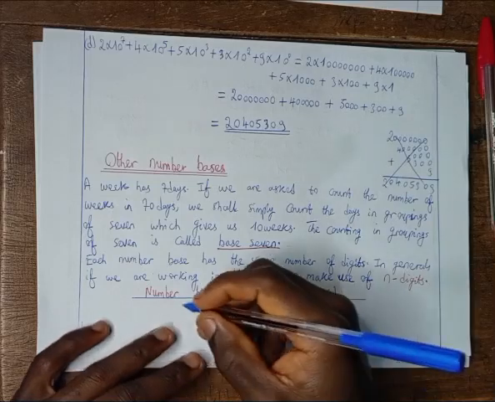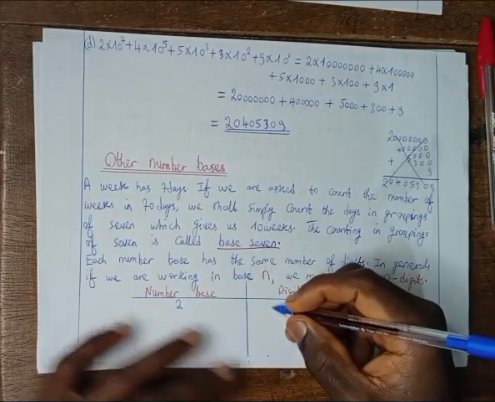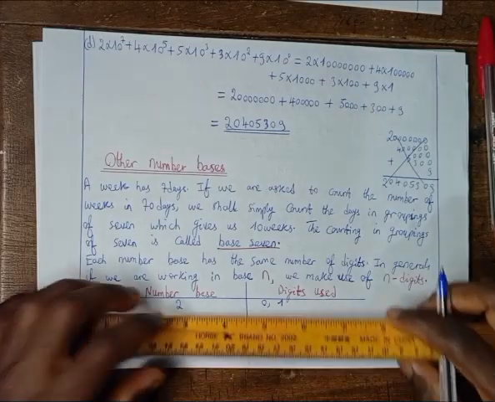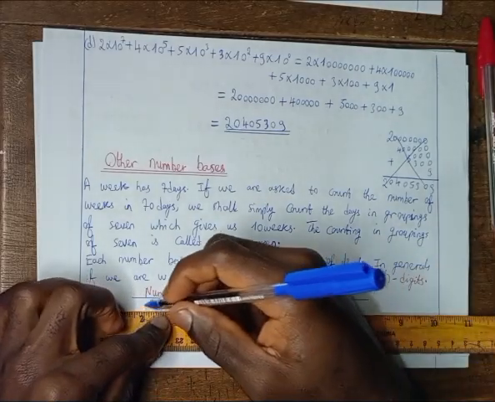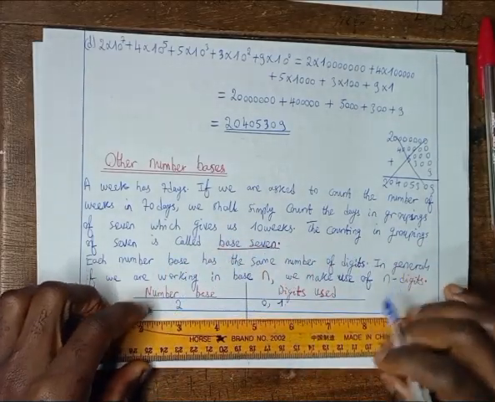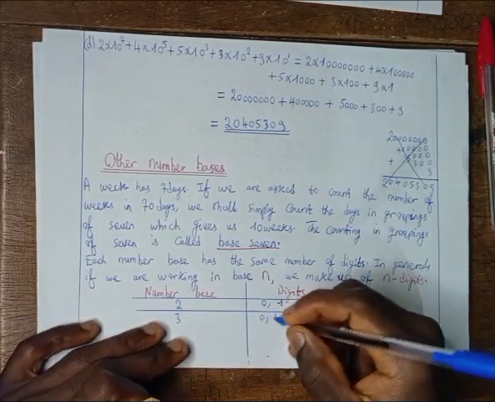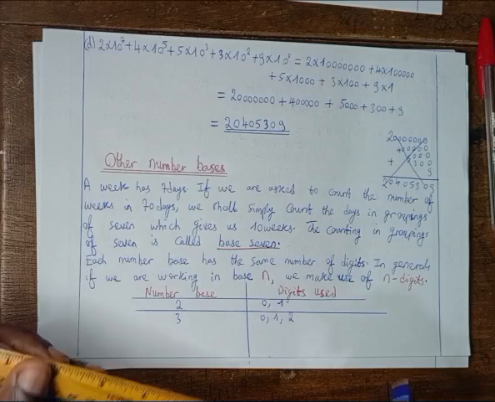If you are working in base 2, we make use of the digits 0, 1. In base 3, we make use of the digits 0, 1, 2.